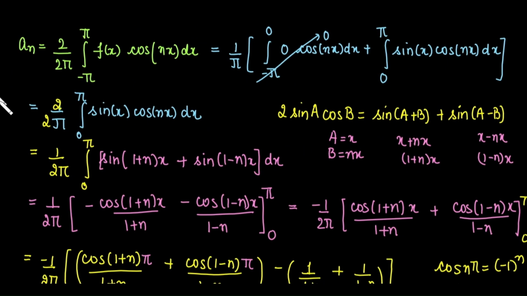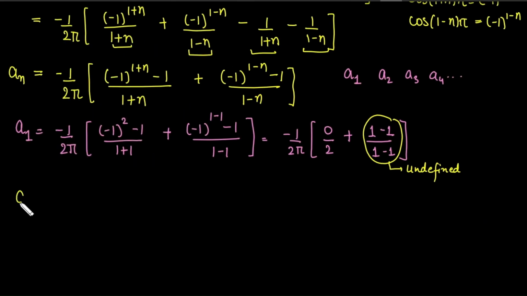go back to the value of a and in this case substitute n is equal to 1. Either substitute n is equal to 1 in this case or in this case or in this case. Before finding the integration you can substitute n is equal to 1 in any of these steps. We have an is equal to 2 by 2 pi integration from 0 to pi sine of x into cos of n into x.